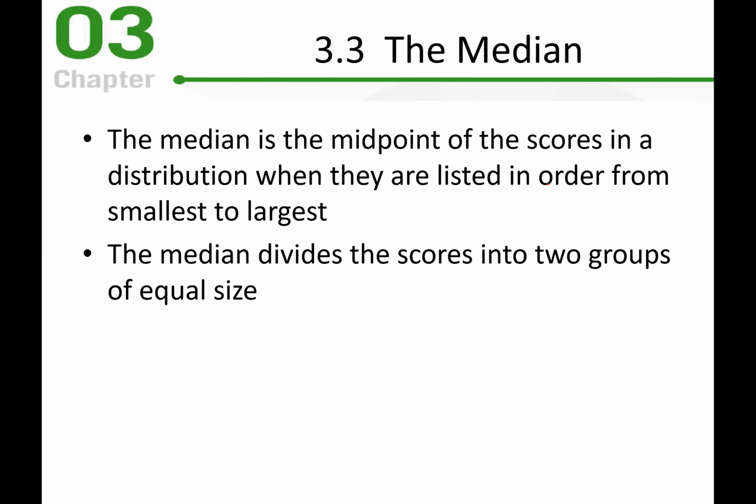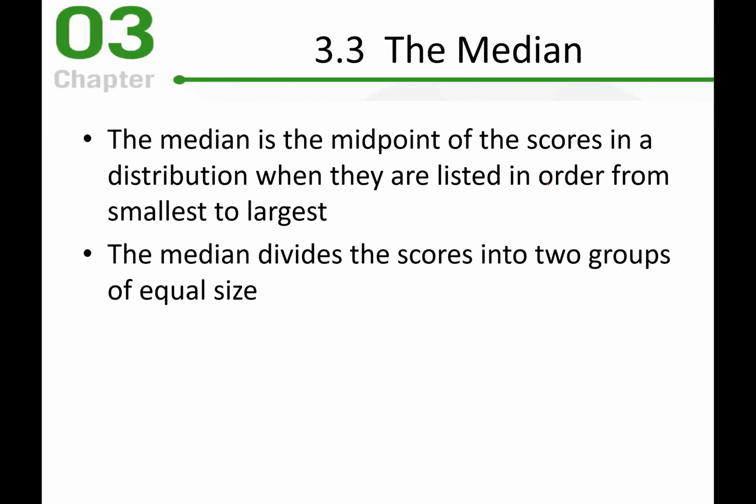So that was for the mean, our first measure of central tendency. We're going to move on to the median. Now, if you remember in grade school, the median is the middle. Median, middle.